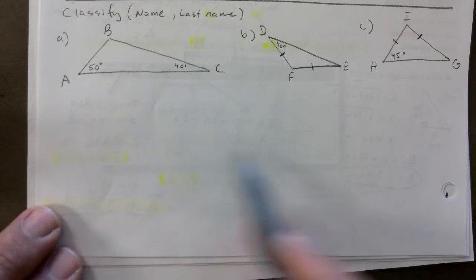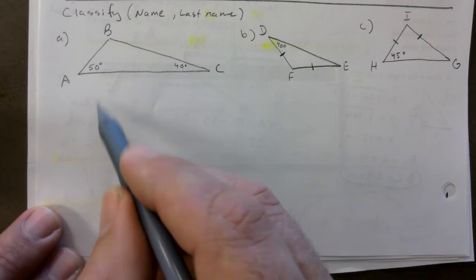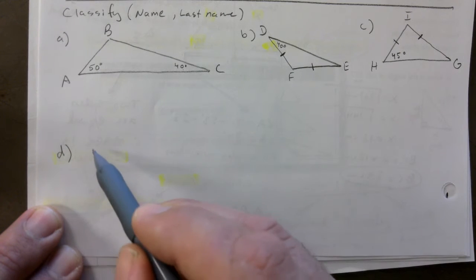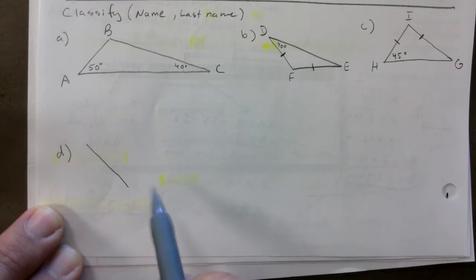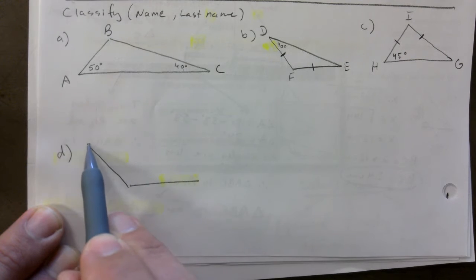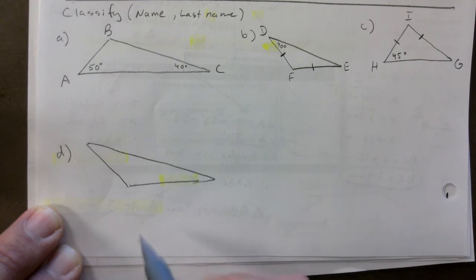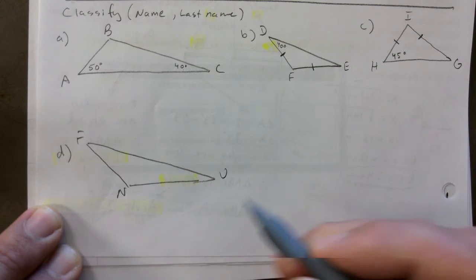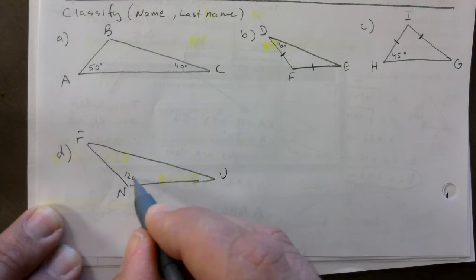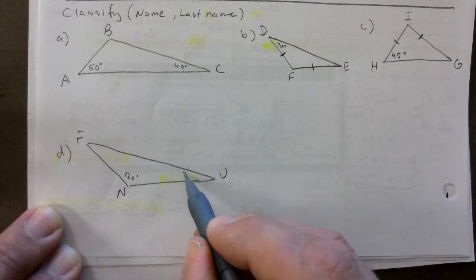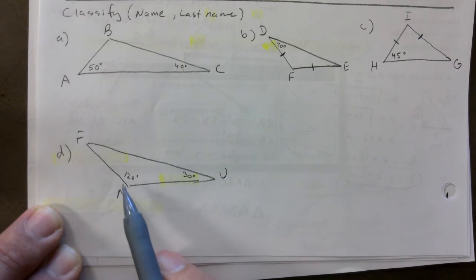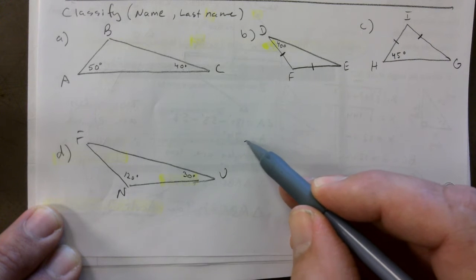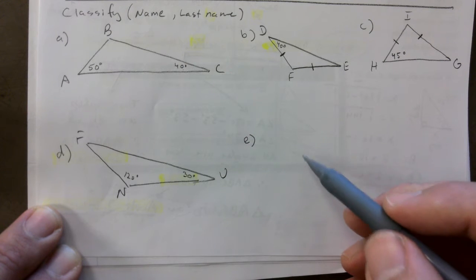And then we're going to do 3 below it. So leave some room so you can name it. Right? So I'm going to go A, B, C, D. We're going to go like this. And this is F, U, N, triangle fun. So that's 120 degrees and then 30 degrees. Example E.